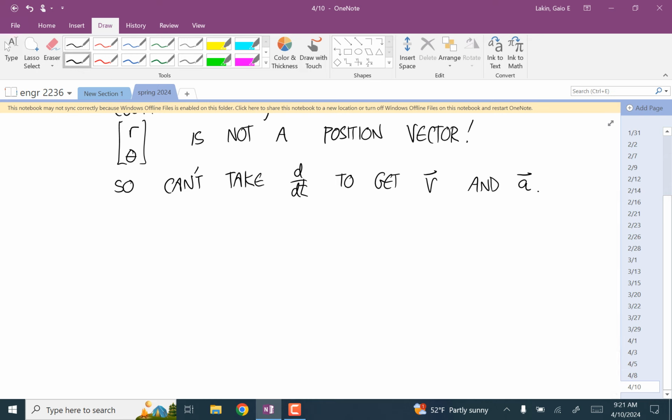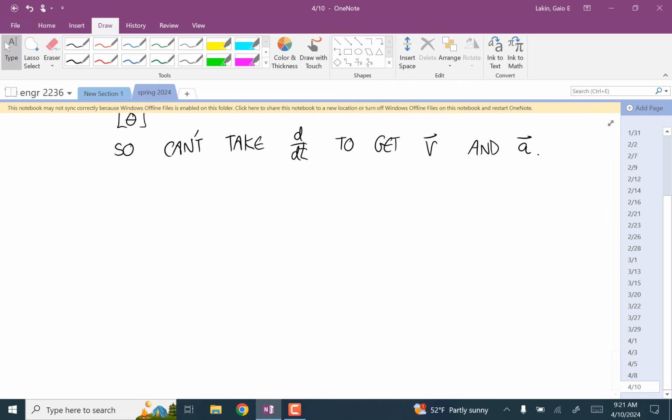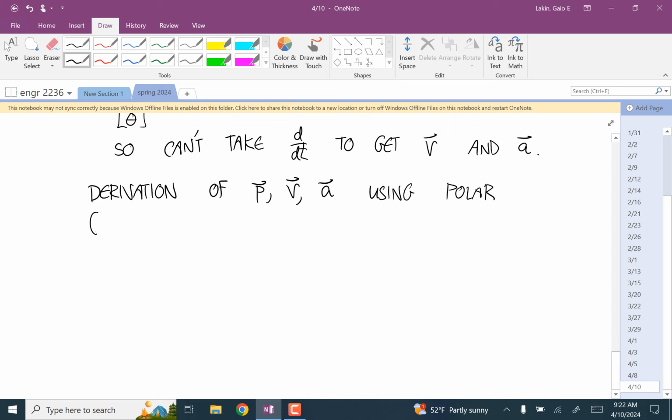Okay, so here's a derivation of a position vector, velocity vector, and acceleration vector using polar or cylindrical coordinates.